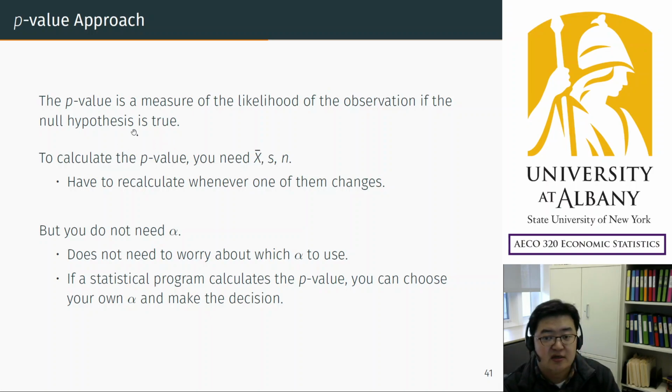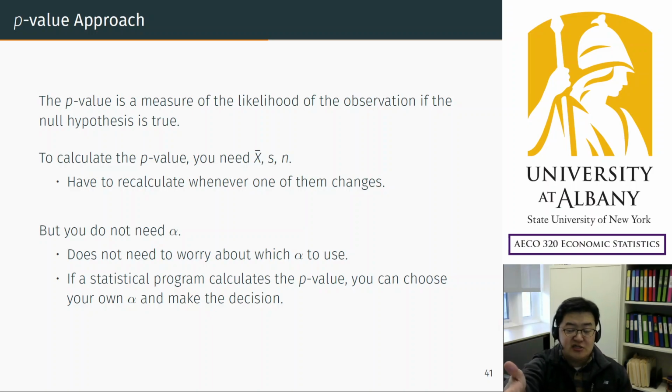But what's good about this is when I give you the p-value, decision making is pretty simple. You just compare the p-value with your own alpha. Alpha is a subjective choice. It's your choice how generous or how strict you are. The computer does the computation and the decision is made by you.